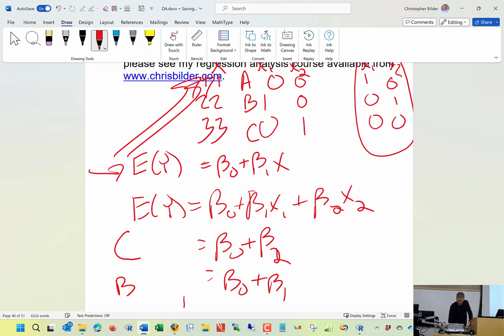And then for level A, I'm running out of room, my model is this. And so you can see how it's uniquely identified in the model. Beta 1 could be negative or it could be positive. Same with beta 2. And so that's why we use indicator variables. Okay. Any other questions?